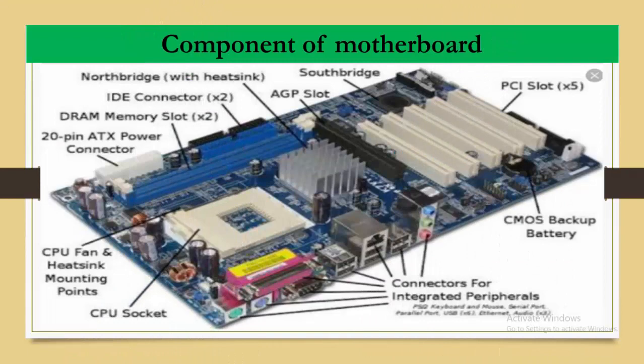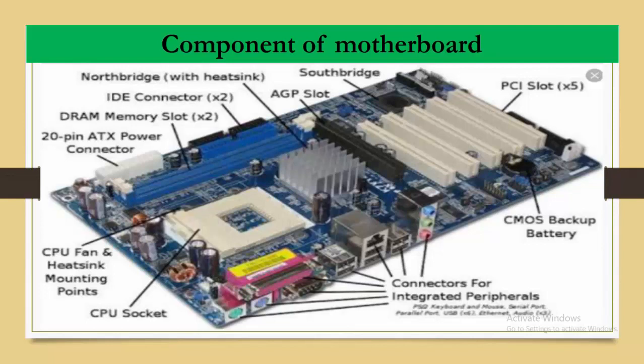A motherboard has several components as shown in the figure, and you're seeing them. Each of them is dedicated to a different task, and the motherboard itself is a combination of different components.